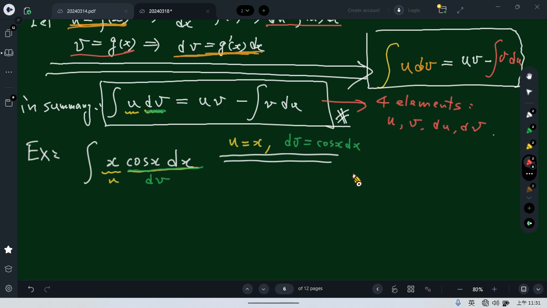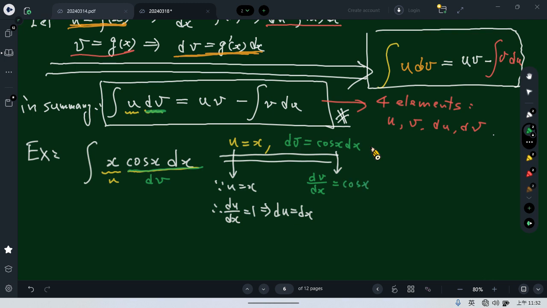We already have u equal to x, so du over dx is equal to 1, then du is equal to dx. So far we already have u, du, and dv. But for the v part, since dv is equal to cosine x dx, we convert it into dv over dx is equal to cosine x.